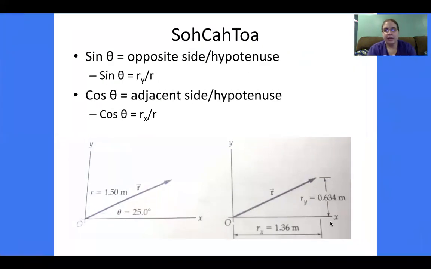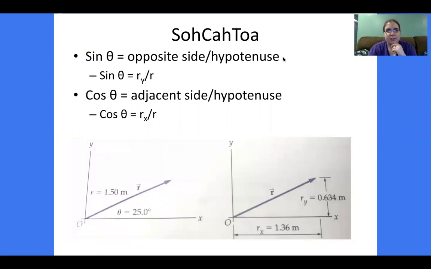Now this is where having taken trigonometry could help, but even if you haven't, that's fine, because we're going to talk about the three trigonometry functions that you need to know regardless. If you've taken trigonometry before, you might know the term SOHCAHTOA, which is what's written across the top.